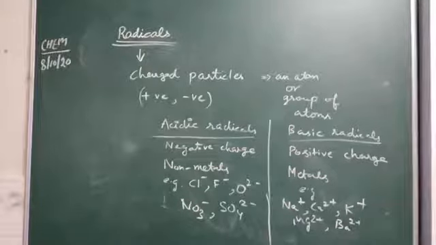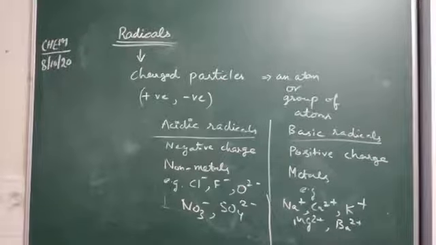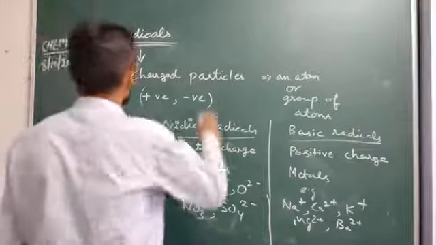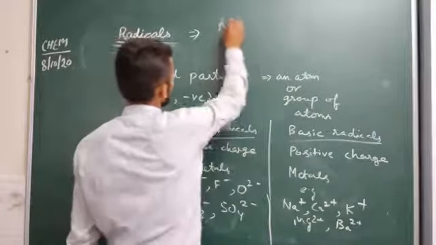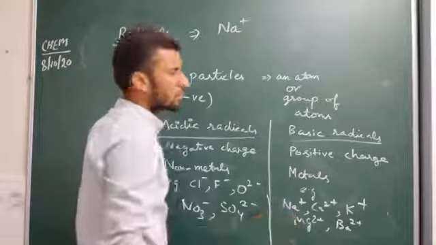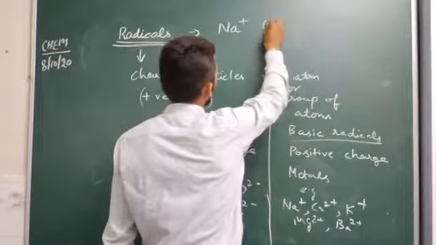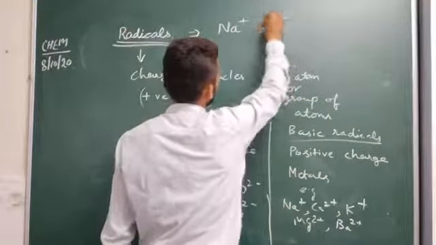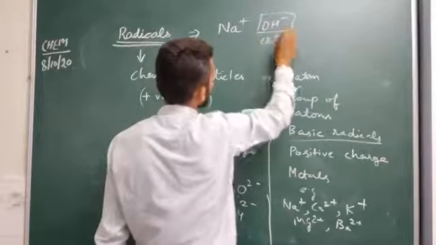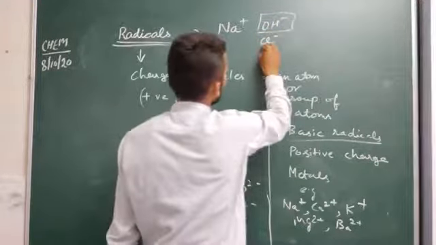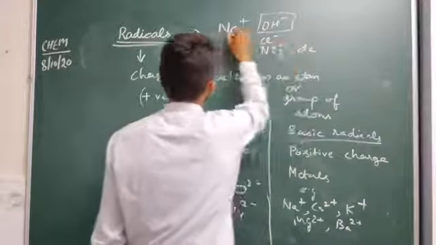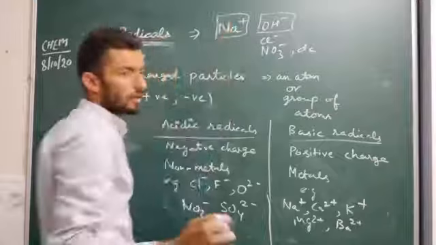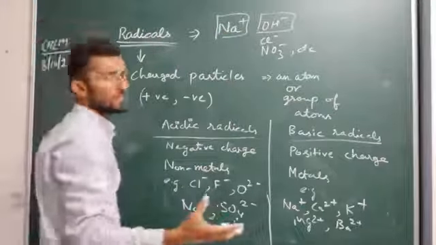atoms which bear the positive or negative charge, and these radicals always combine with the oppositely charged particles. Like Na positive will always combine with a negatively charged particle. It could be OH negative, Cl negative, or NO3 negative, etc. They never combine with radicals having the same charge.